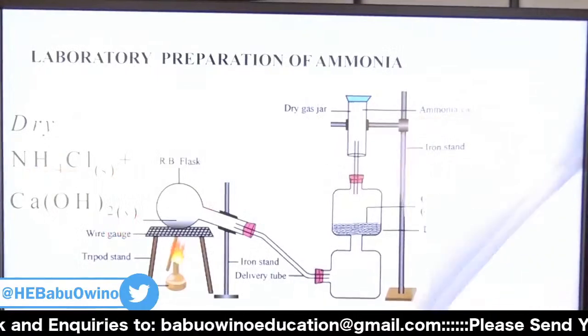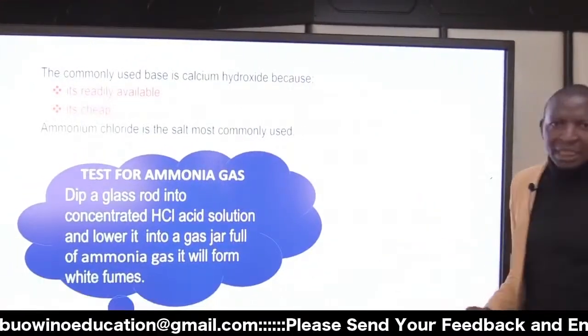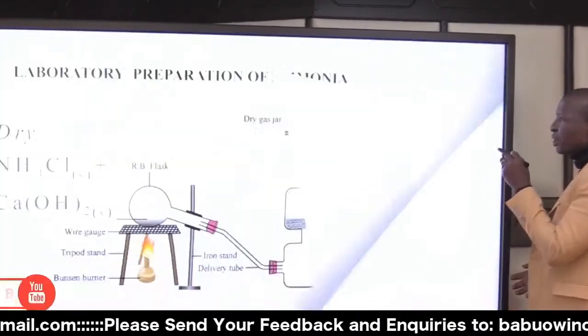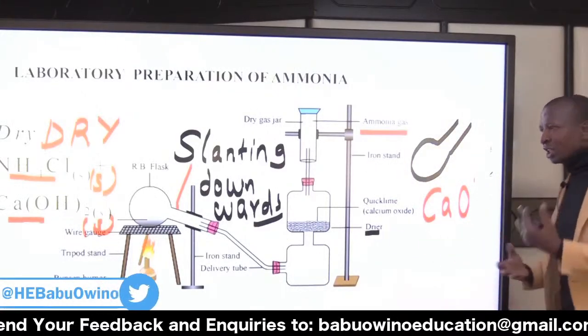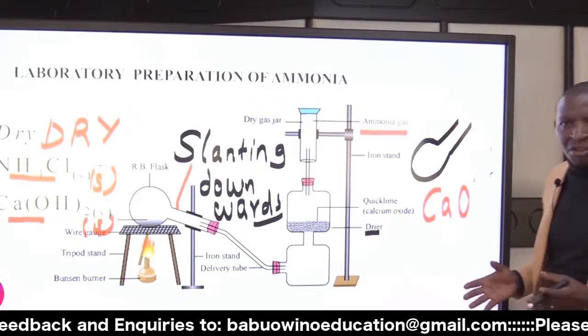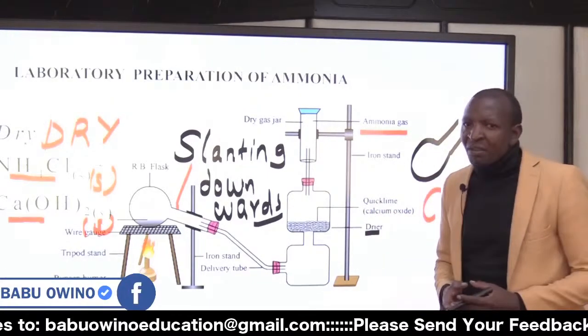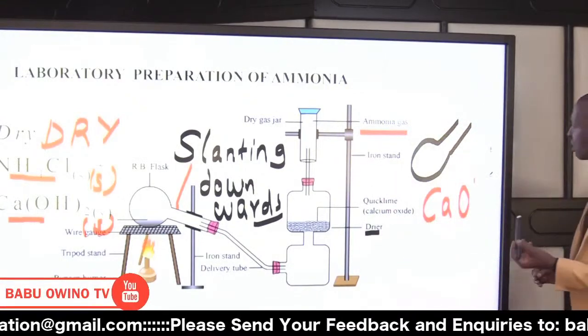We continue. And we look at the commonly used base, as you have seen in my diagram. Although I told you that we can prepare our ammonia using calcium hydroxide, potassium, or sodium hydroxide, in my diagram, I've used ammonium chloride and calcium hydroxide.